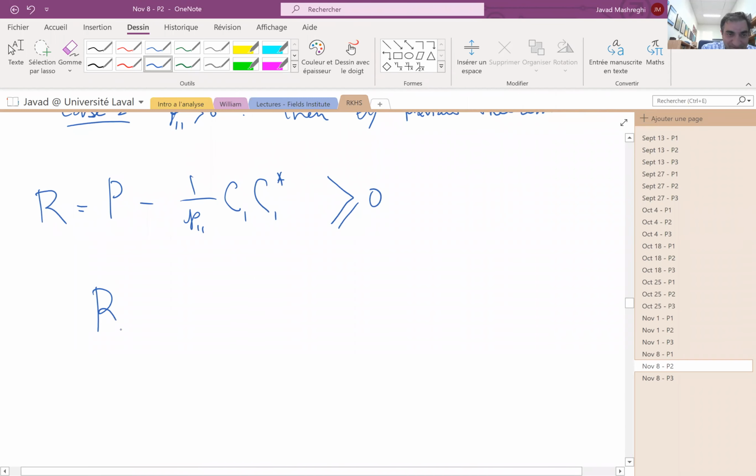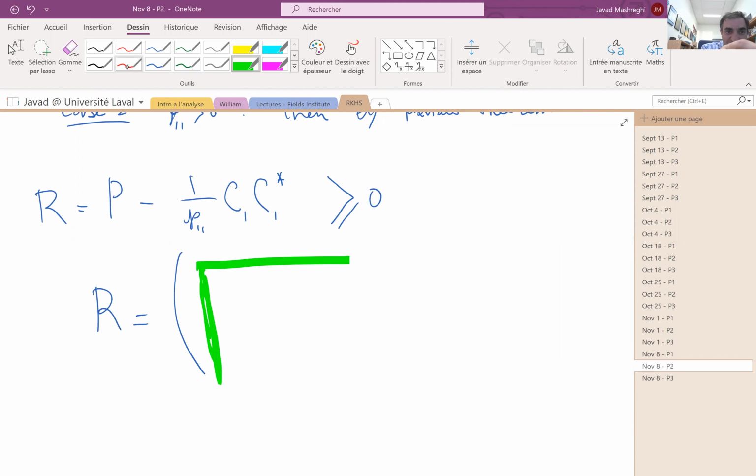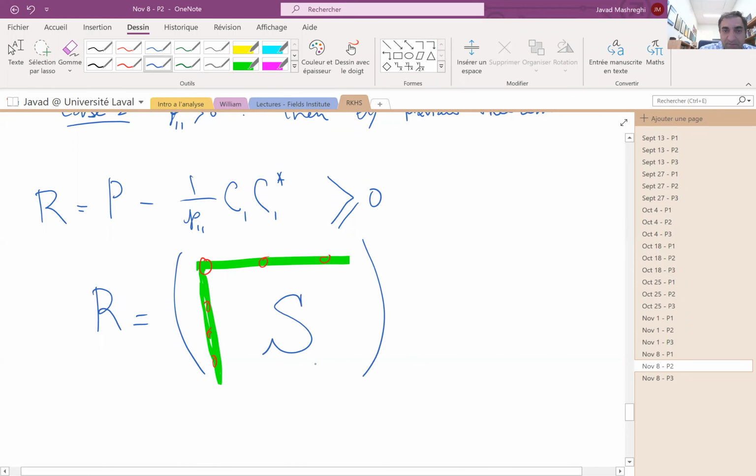Again, R has the form 0 here, 0 there, where all elements here are 0. And there is another matrix S here, which is n minus 1 by n minus 1.